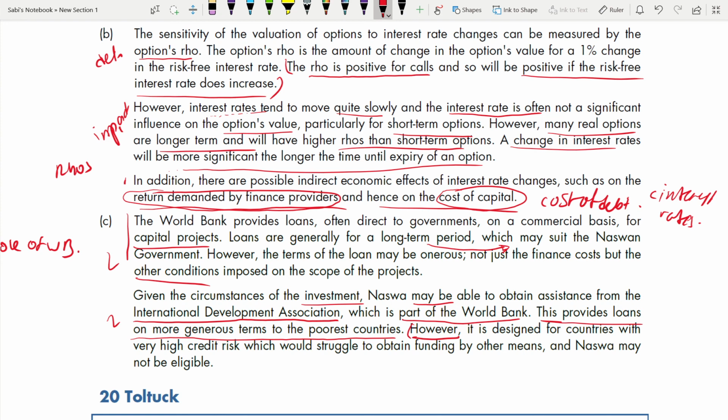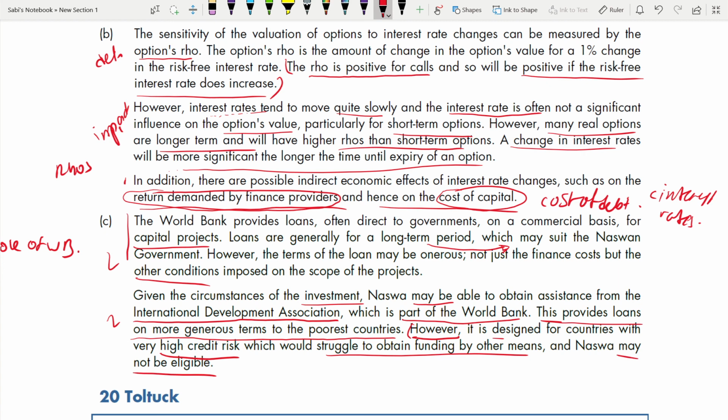So there are many ways of writing this sentence. Now it is up to you how you want to write it. It should not be exactly copy paste of whatever you read in your answers, because there are many ways of answering a point. So, however, it is designed for countries with very high credit risk who struggle to obtain funding by other means, and NASWA may not be eligible.